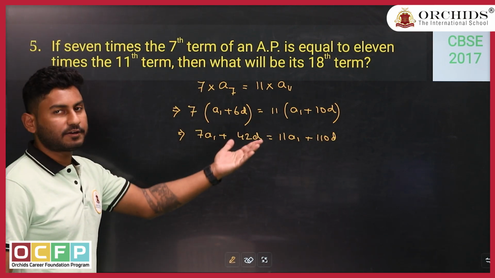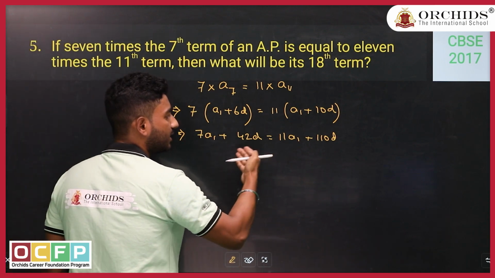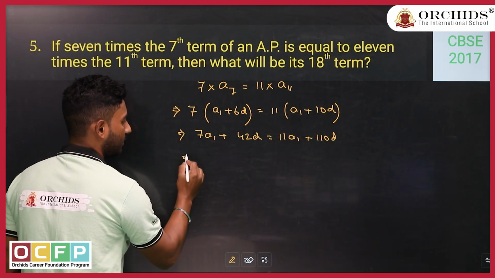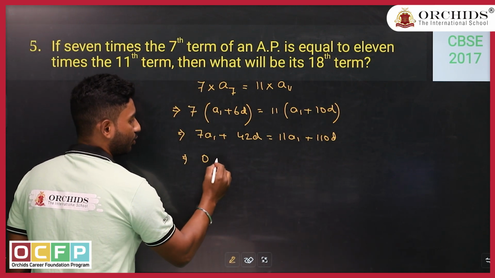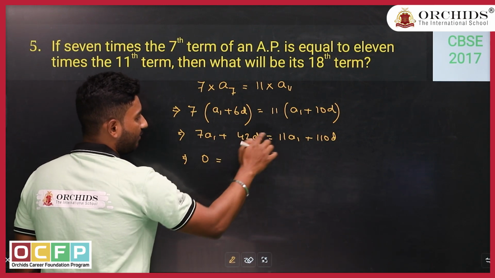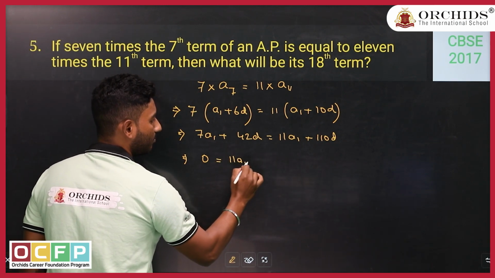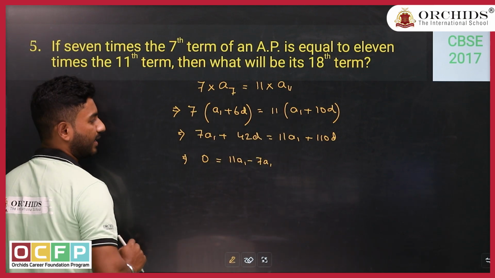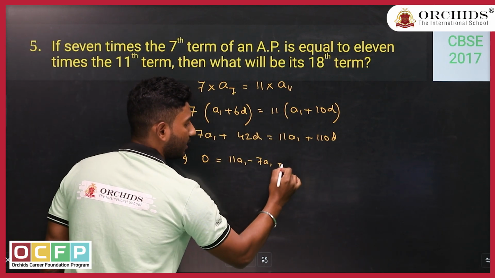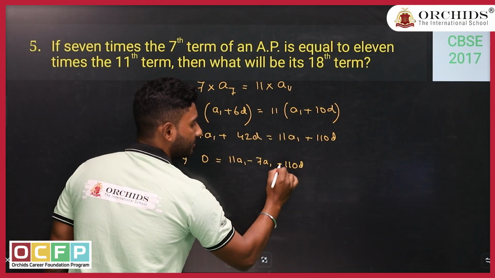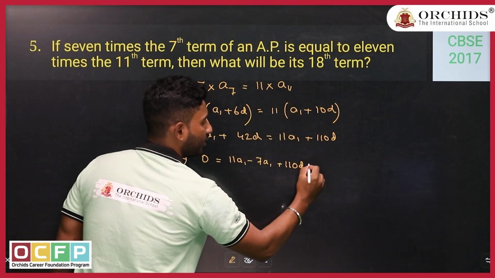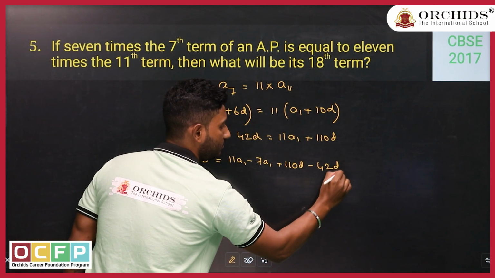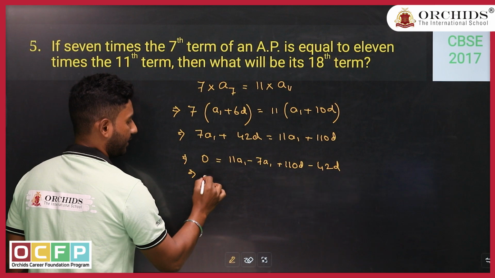Okay, shift it. Shift both the terms to the right hand side. So what's left here? 0. Okay, 11A1 minus 7A1. 7A1 goes this side, becomes minus. What is left? 110D minus 42D. Let us solve it.